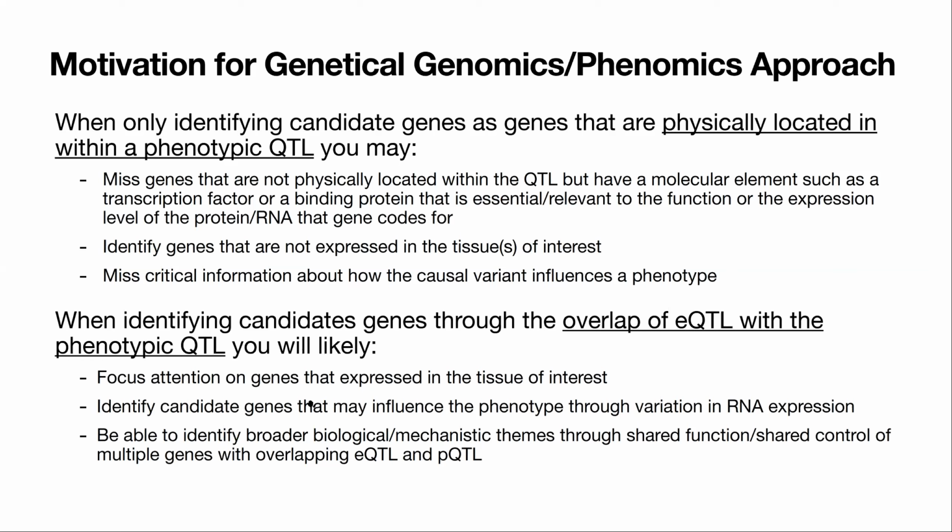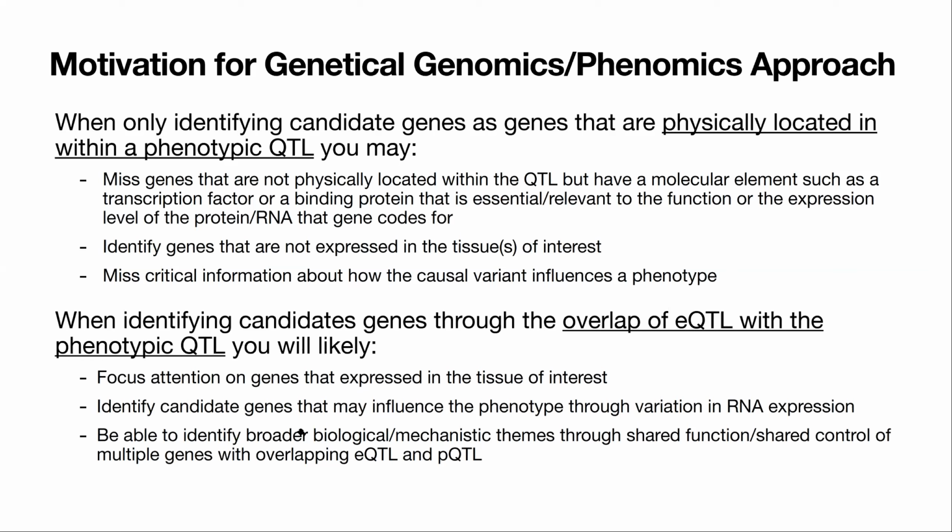But when we use this overlap of an eQTL with a phenotypic QTL, you're more likely to focus in on those genes from the tissues you believe are important. You're more likely to have a little bit more information about the mechanism on how that region influences the phenotype.